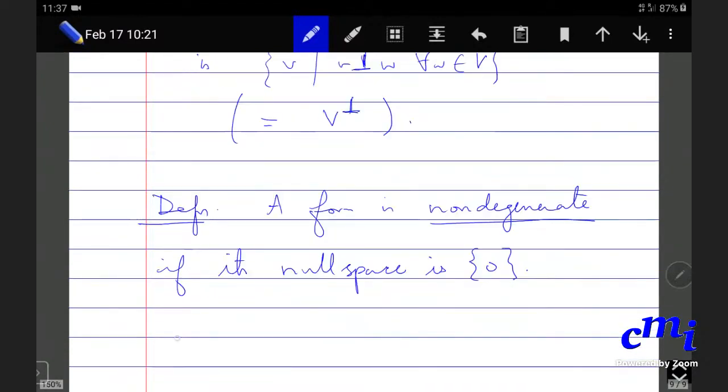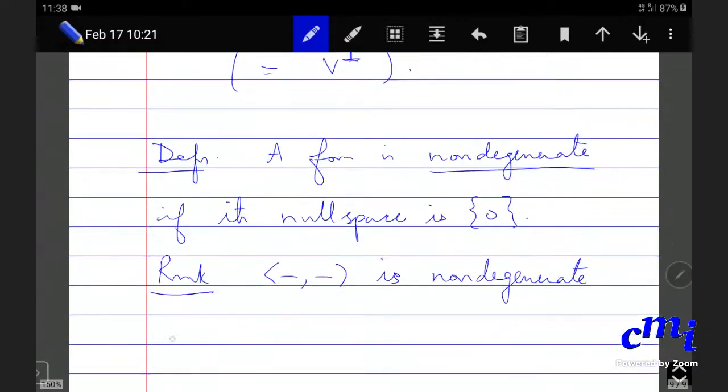So remark, this form is non-degenerate if and only if for all non-zero v, there exists a v prime such that the form of v with v prime is not zero.